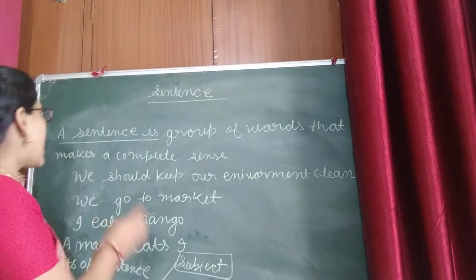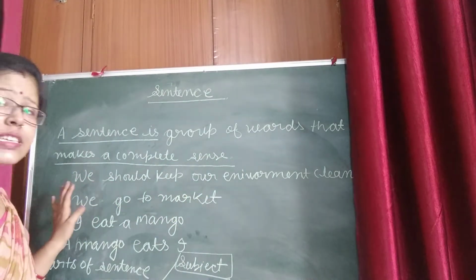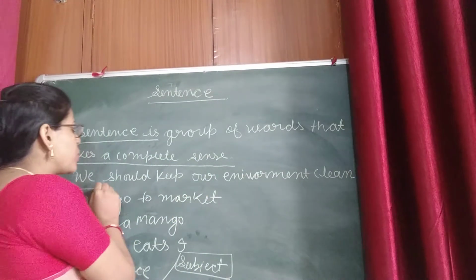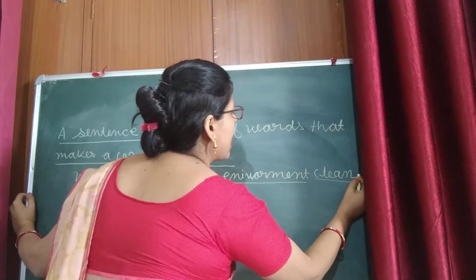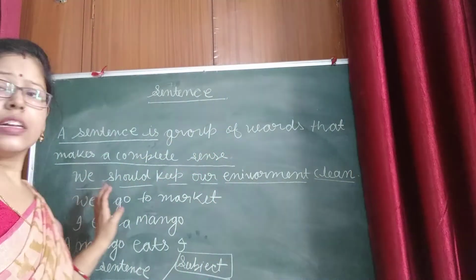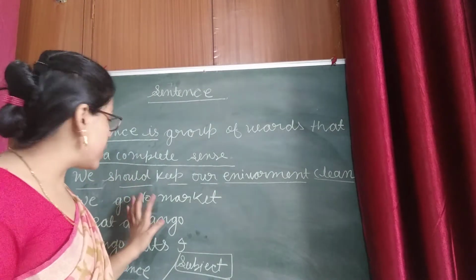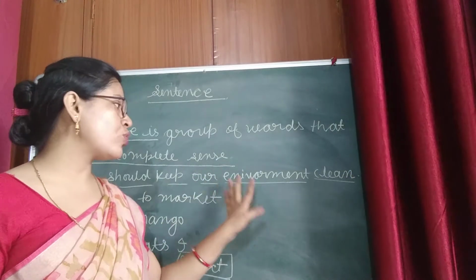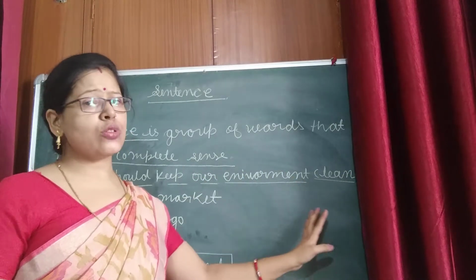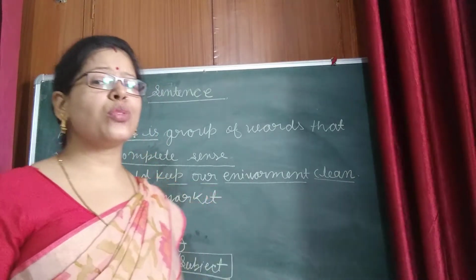See here, I have taken a few examples. I have written here, we should keep our environment clean. These are the words. We is also a word, should is also a word, and keep is also a word, are is also a word, environment is also a word, and clean is also a word.